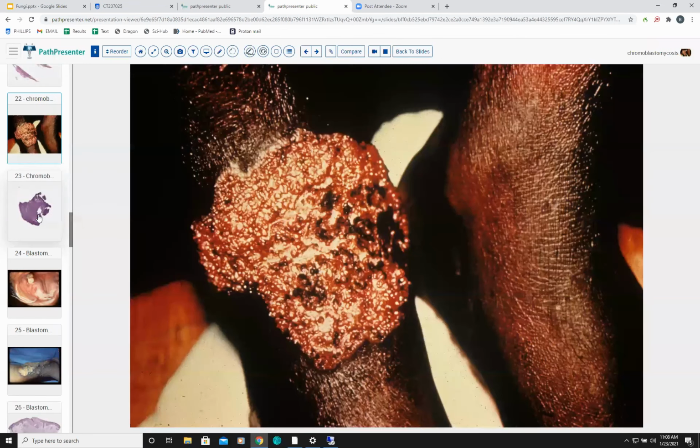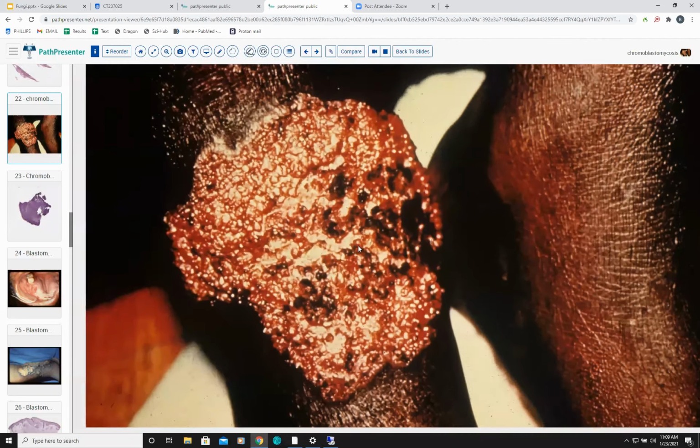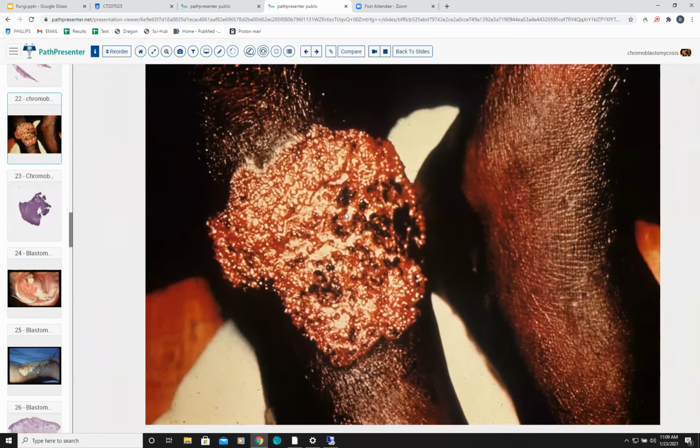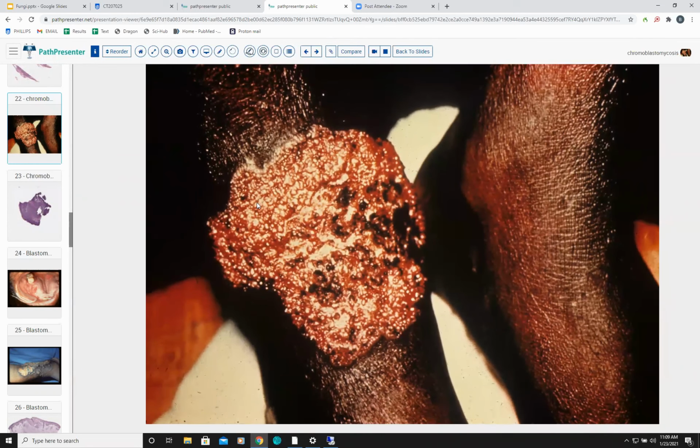Yeah, the clinical of chromomycosis, chromoblastomycosis, which is usually a primary infection, and here we have a vegetating ulcerated plaque, and this is the one that has sporotrichoid spread.